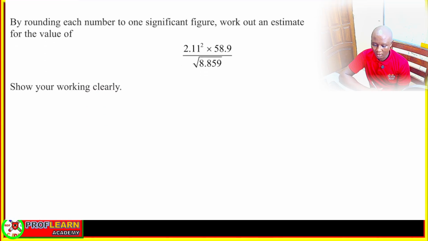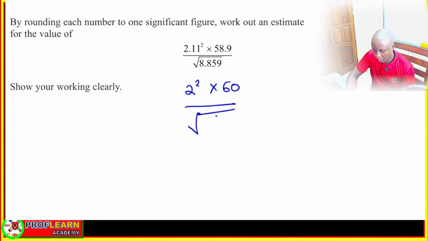Question 2, by rounding each number to one significant figure, work out an estimate. So to one significant figure, this is going to be 2 squared times 60 divided by the square root of 9, and that is going to be what? This 2 squared is going to give us 4 times 60, and the square root of 9 is going to be 3.